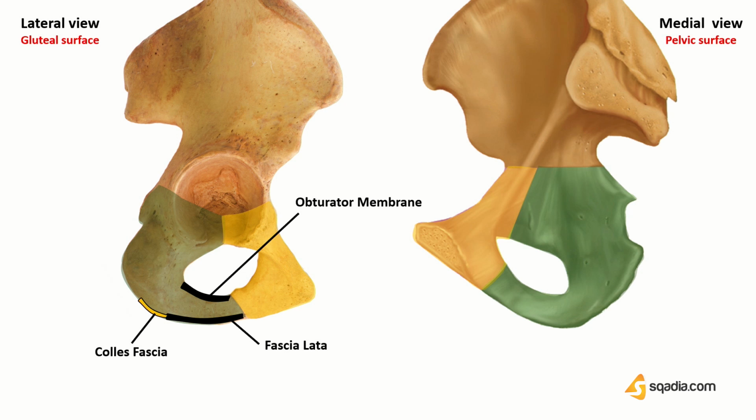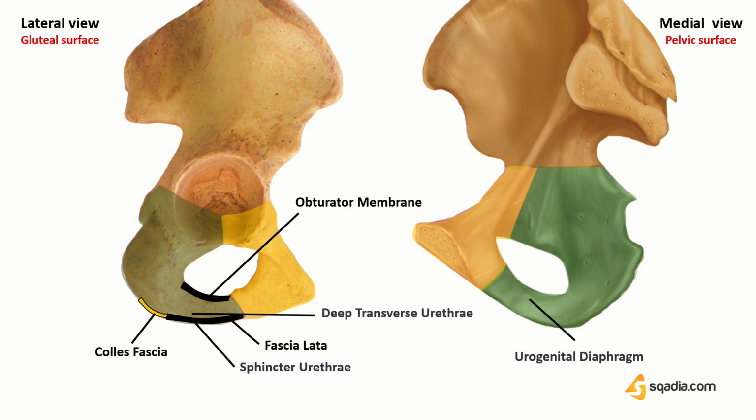The inner surface gives attachment to the urogenital diaphragm and to the obturator internus. Then in the middle, we have the sphincter urethrae and deep transverse perinei. So it controls the urinary functions. Now you can observe that the names in anatomy are quite self-explanatory.